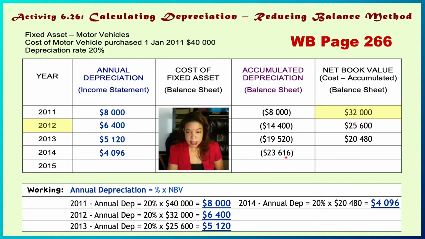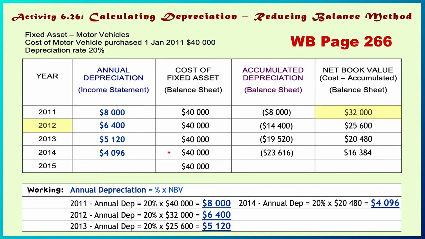What this says is that your motor vehicle, after having been used for 4 years, 2011 to 2014, has depreciated by $23,616. And because of that, the new net book value, or the value after it has been used and depreciated for 2014, is going to be 16,384, the cost minus the accumulated depreciation.